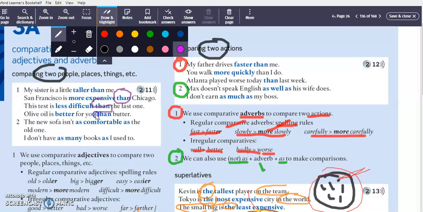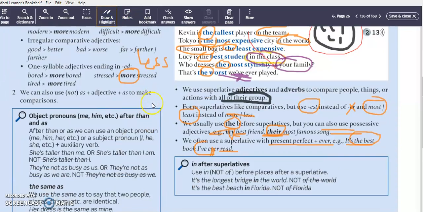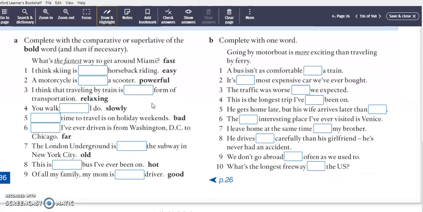Okay? What's the fastest way to get around Miami? Comparative or superlative. And here you're going to complete with one word. More exciting. A bus isn't as comfortable as a train, etc.